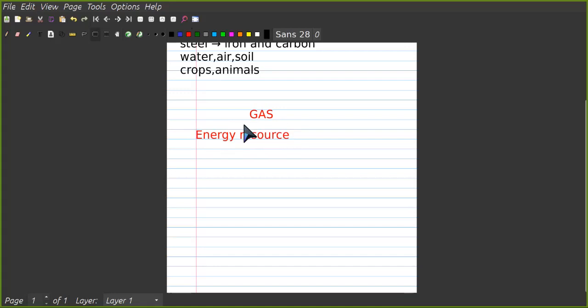We have the renewable, and we have the non-renewable. And so what happens is that the non-renewable can't be used again.